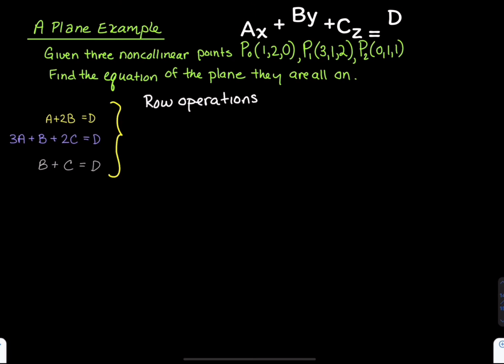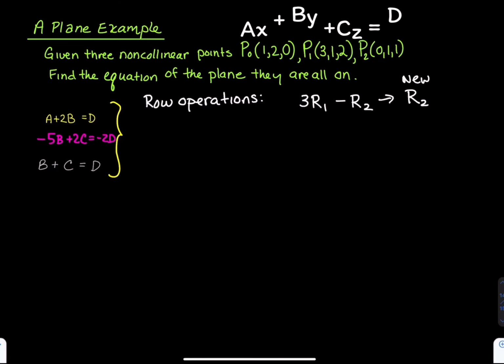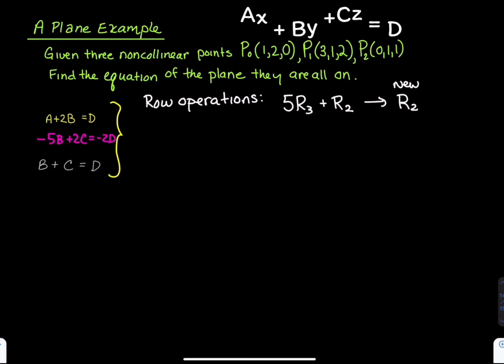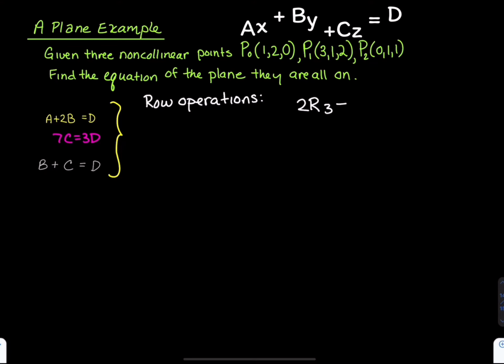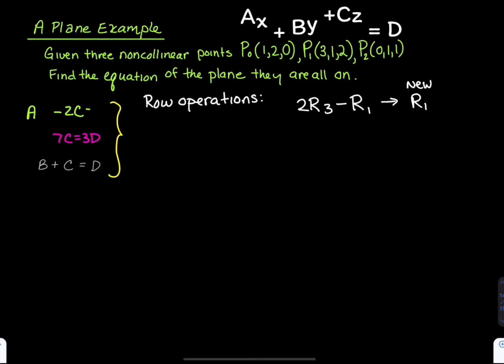Now to solve this system, we can perform a few row operations, and there's a few approaches you can take with this, but what the row operations amount to is that you take an equation, which is a row, and you multiply it by some constant. You then add that to another row, and that gives you a new equation to replace that row with.